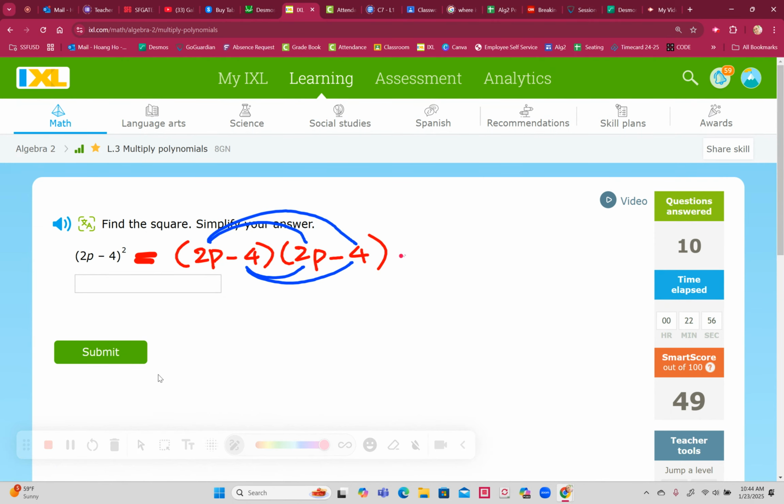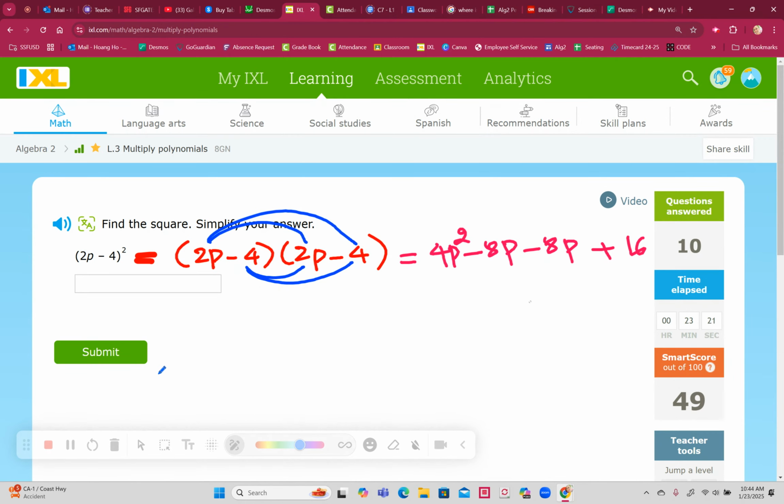So 2p times 2p, that's 4p squared. 2p times negative 4, negative 8p. Negative 4 times 2p, negative 8p. And then negative 4 times negative 4 becomes positive 16.